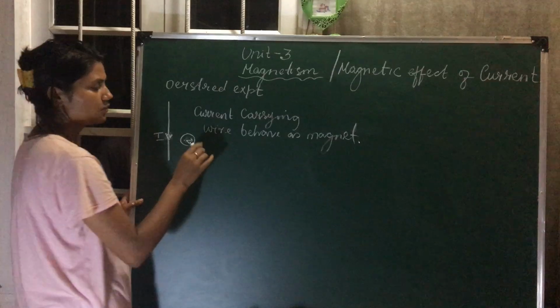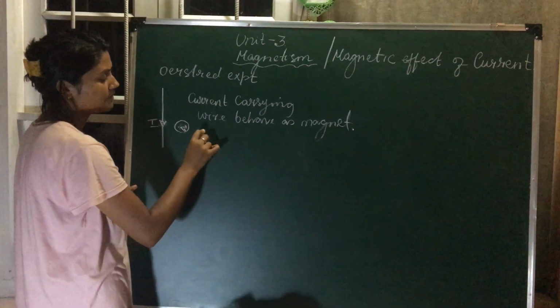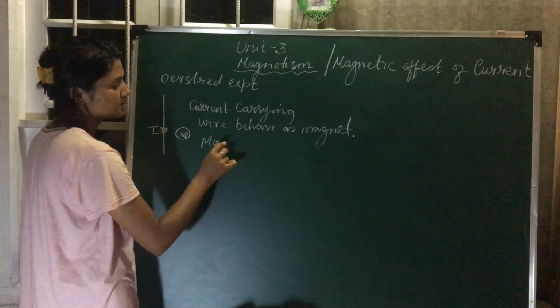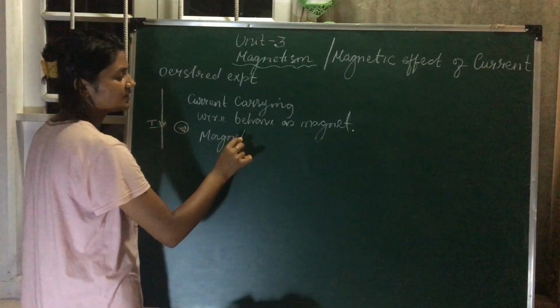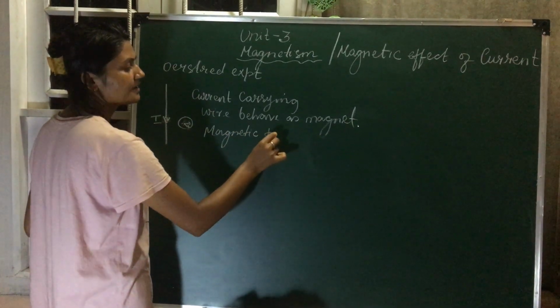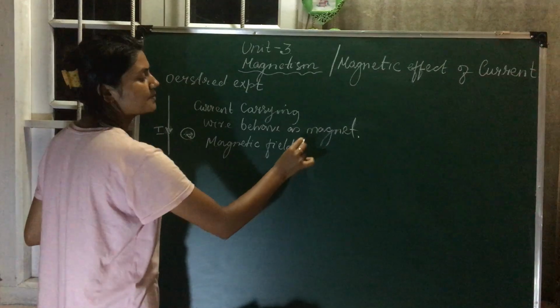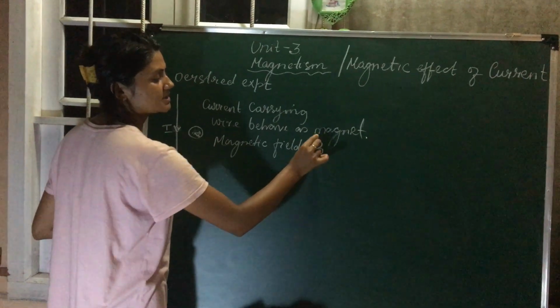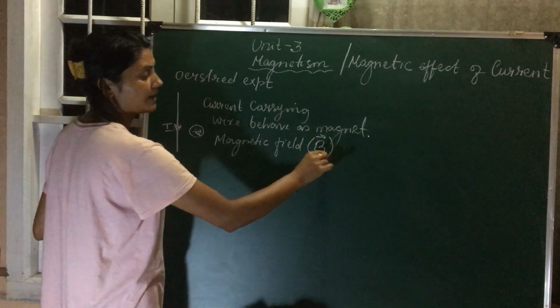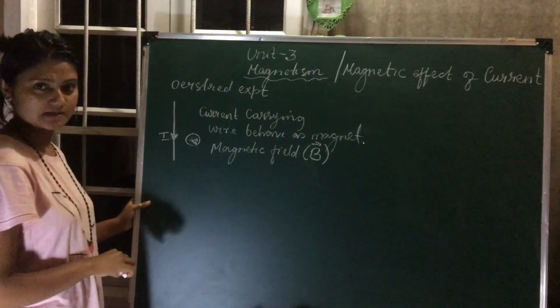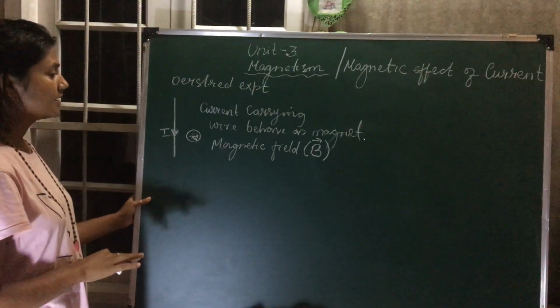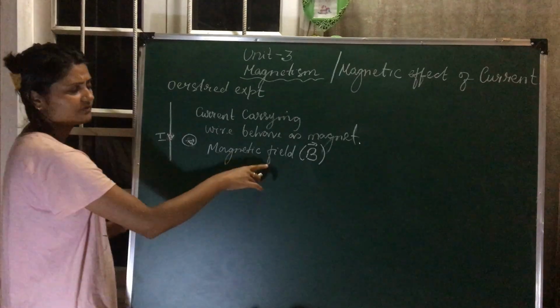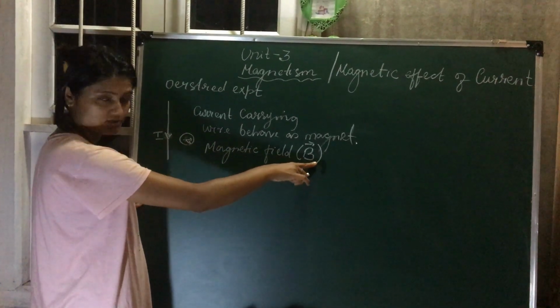One or two things you need to remember: we denote magnetic field by the symbol B. So you need to be familiar with this symbol. B stands for magnetic field, a new concept. Just like electric field, it is a vector quantity.